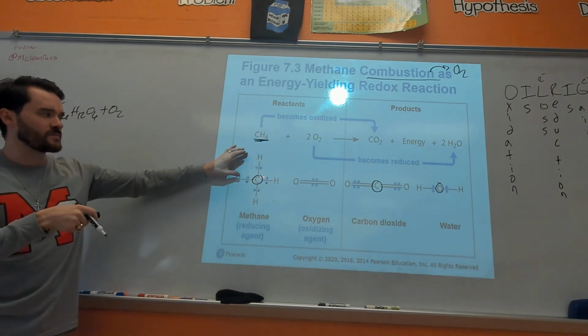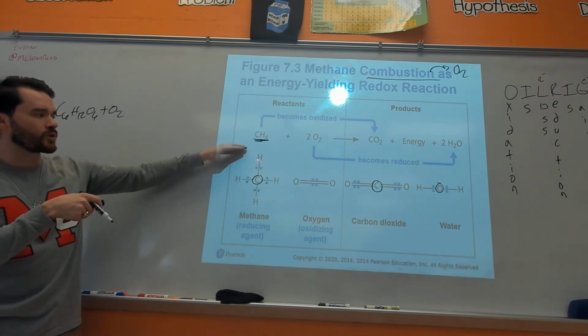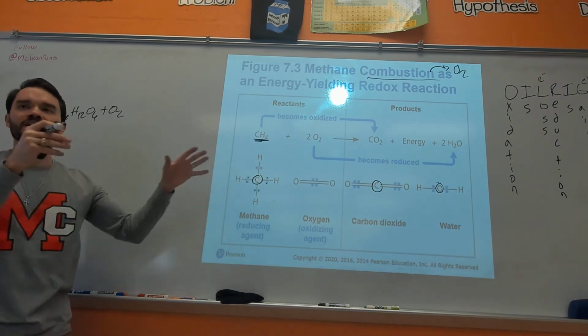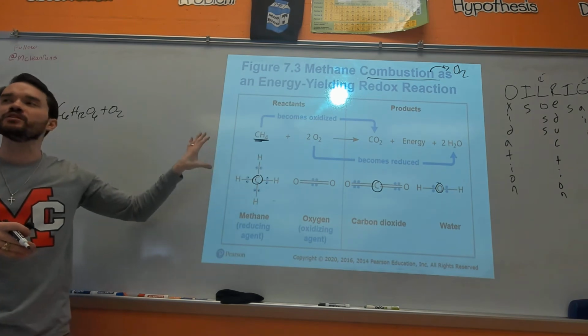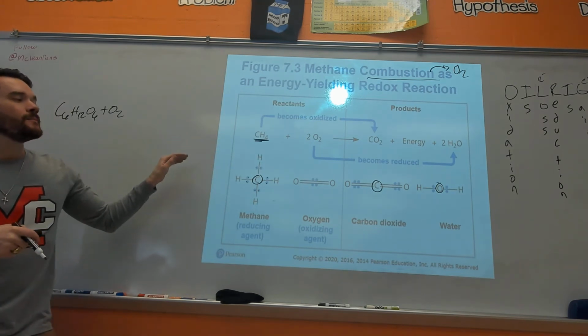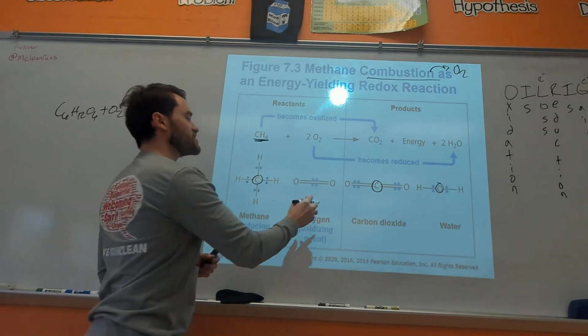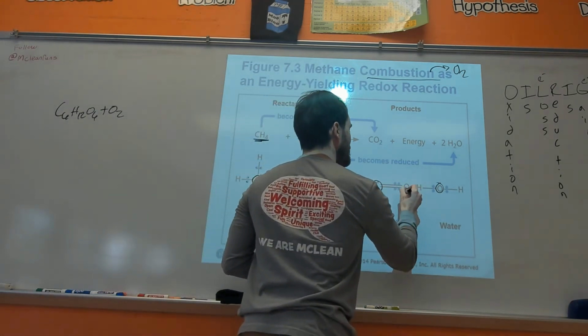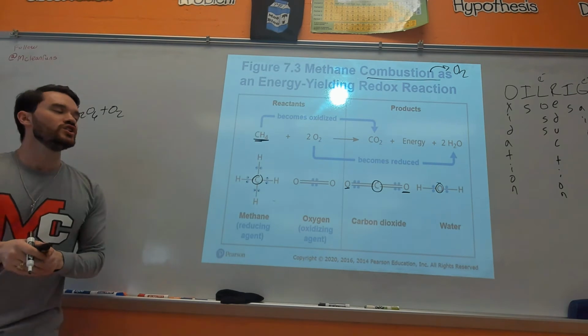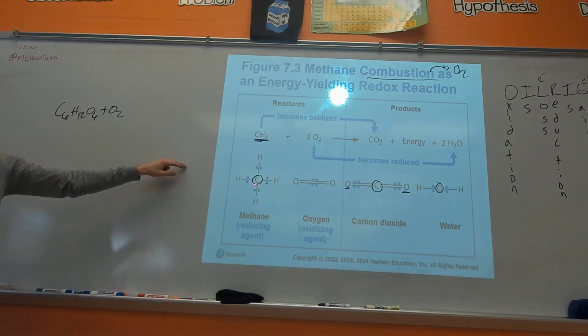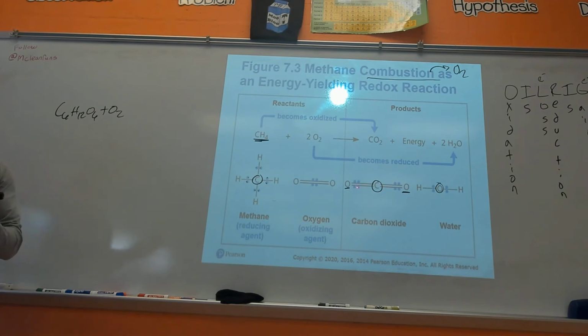The electrons are not being pulled more toward the hydrogen nor toward the carbon because each of these have about the same electronegativity. But now, whenever this carbon becomes carbon dioxide, oxygen is the second most electronegative atom on the periodic table. So whenever we take the carbon from methane and pair it with oxygen in carbon dioxide, now those electrons are going to be super attracted to the oxygens.